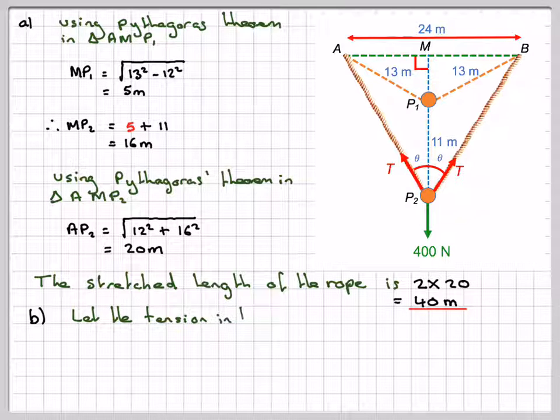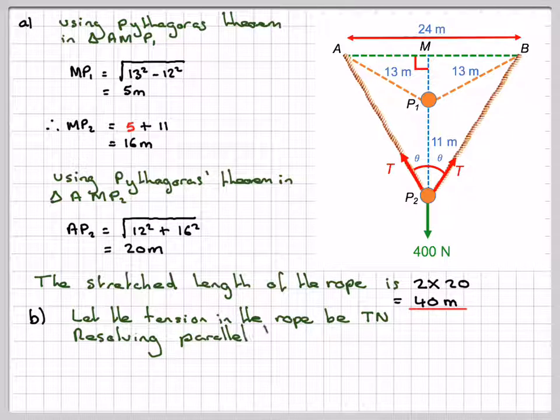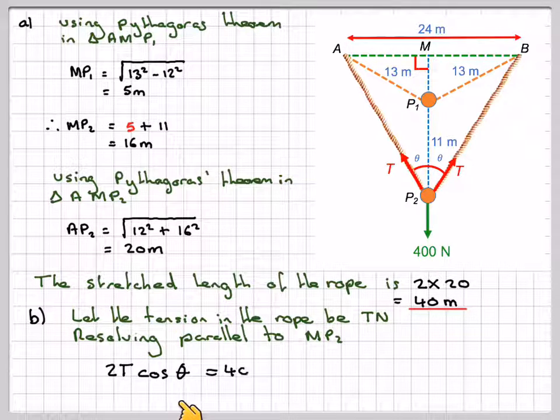B, let the tension in the rope be T newtons. So the tension will be going in this way T newtons, and the tension up here T newtons. If we resolve parallel to this line here, then 2T cos theta, because two lots of them, where cos is of this angle, must be equal to the 400 newtons going downwards.